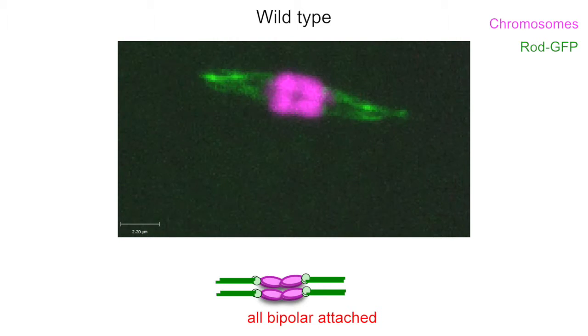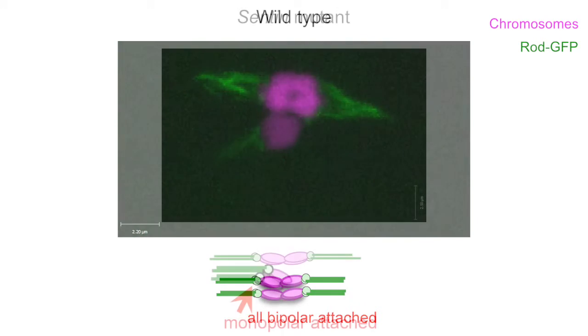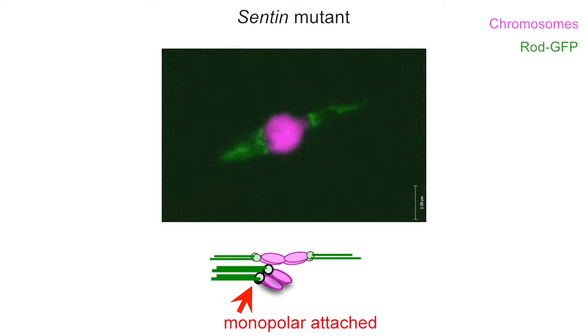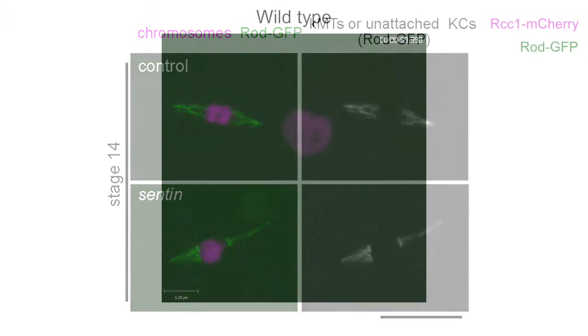In wild-type oocytes, Rod-GFP streams were symmetrical because homologous chromosomes were correctly attached to opposite spindle poles. In Sentin mutant oocytes, however, kinetochores appeared to attach to microtubules even at early stages of meiosis, and the Rod-GFP streams were largely asymmetrical, indicating that homologous kinetochores often form monopolar attachments to the same spindle pole.